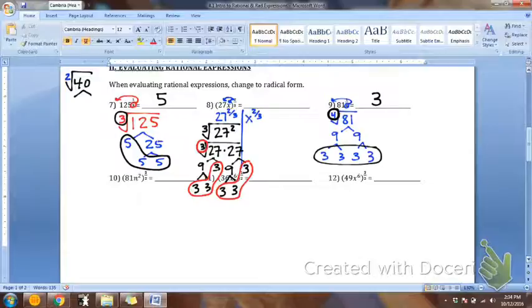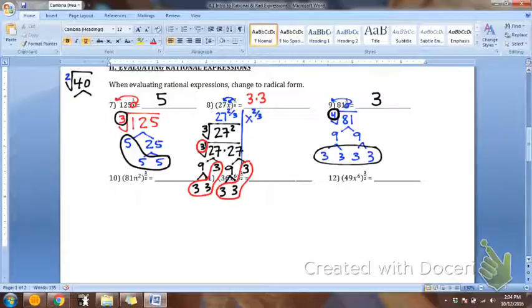Any questions? Okay, so for every group, we write it how many times? Once. So I have how many groups? 2 groups. So I'll write 3 times 3. Remember, for every group that we circle, we write it 1 time.